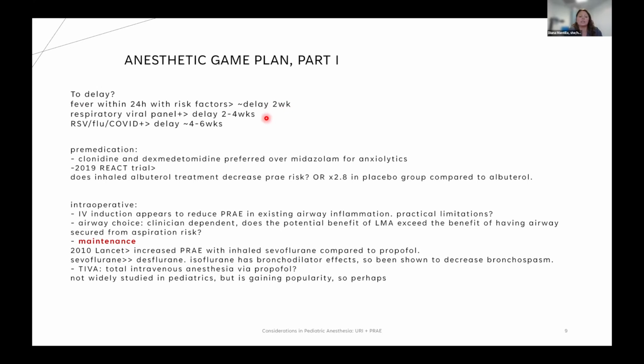If for some reason the patient was admitted to the hospital and underwent a respiratory viral panel, and any part of that panel was positive outside of RSV, flu, and COVID, they usually delay 2 to 4 weeks. And then specifically for RSV, flu, and COVID, they delay 4 to 6 weeks. And the reason that this increases for RSV and flu is because these children are usually the most ill.